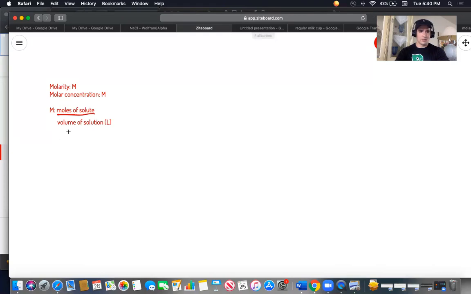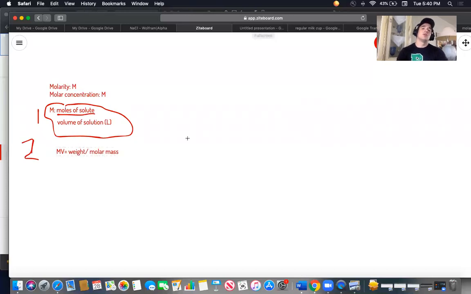Oh, before we do that, we need to write out our equations. So we have 2 equations to help us solve. That's equation 1 right there. And then equation 2. Equation 2 is going to be MV equals the weight divided by the molar mass.